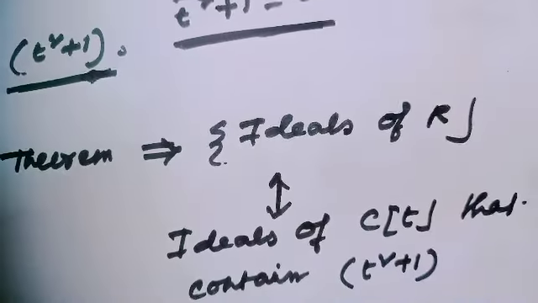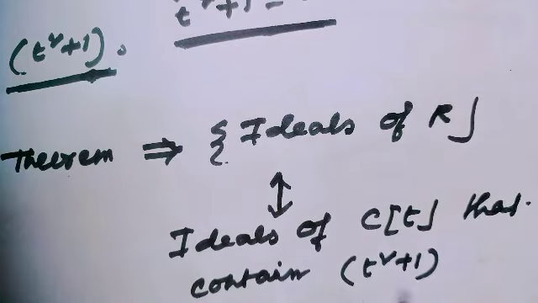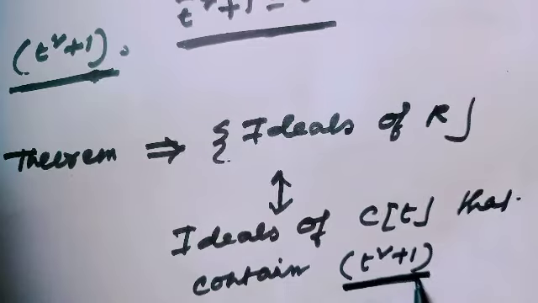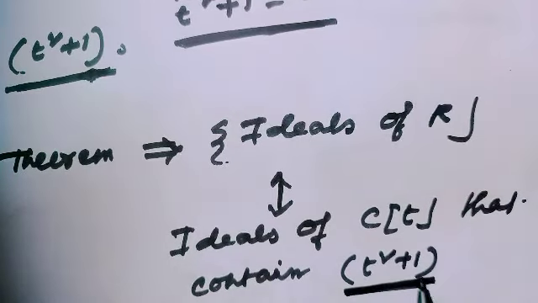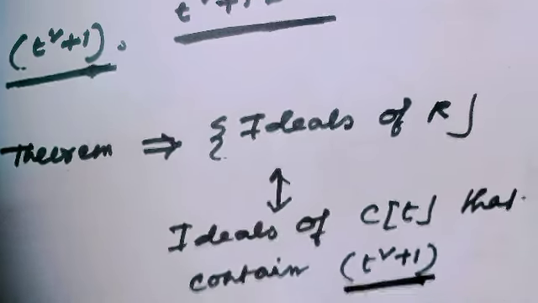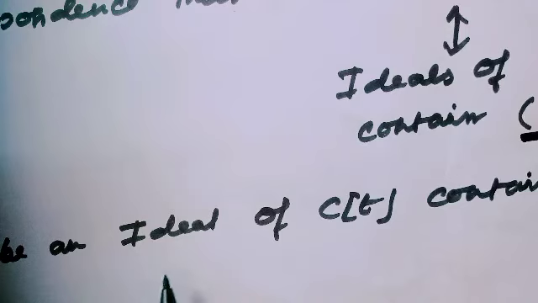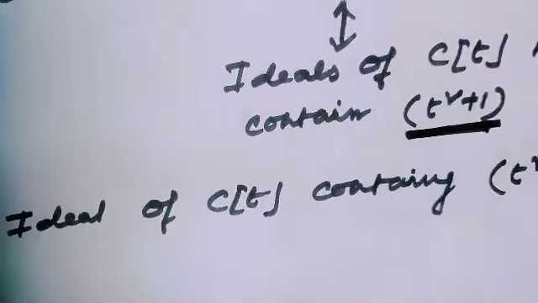The correspondence theorem implies ideals of the ring R correspond to ideals of ℂ[t] that contain the ideal (t² + 1). That means we have to find the ideals of ℂ[t] that contain t² + 1. Let I be an ideal of ℂ[t] containing t² + 1.